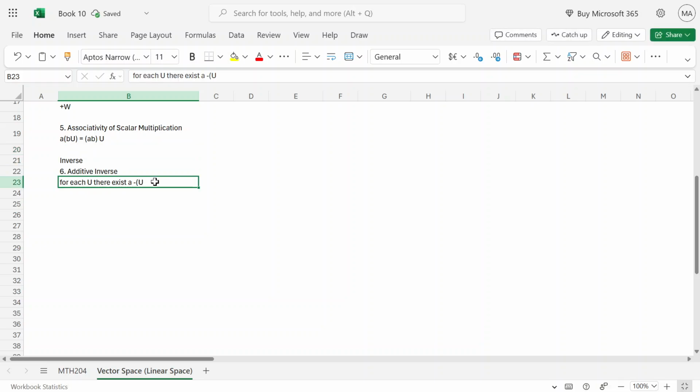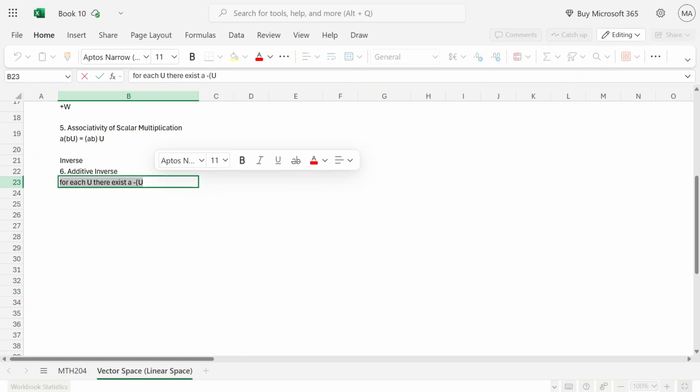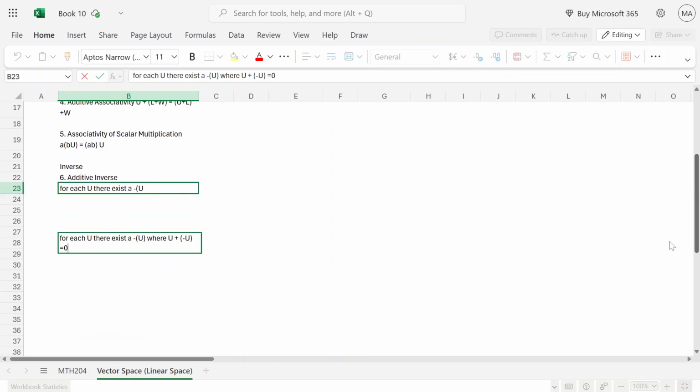Remember, the way you write your scalar is different in real life. Please, this is important. There exists a minus u where u plus minus u will be equals to 0. We can prove this. We can prove everything here, but let's prove this additive inverse first.